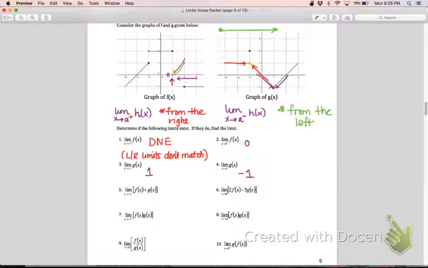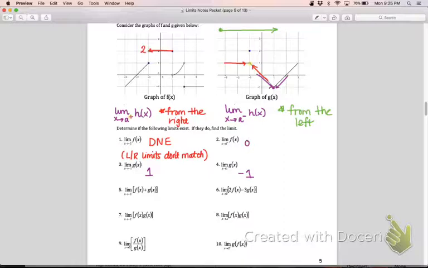The limit as x approaches negative 1 from the left, that's what we need to start with first for f. So on the f of x graph, from the left, we want to go towards negative 1. That's going to be this branch here. And we get a value of 2.